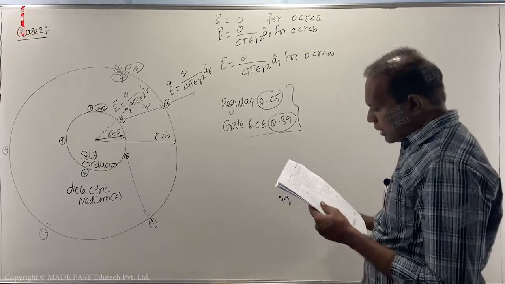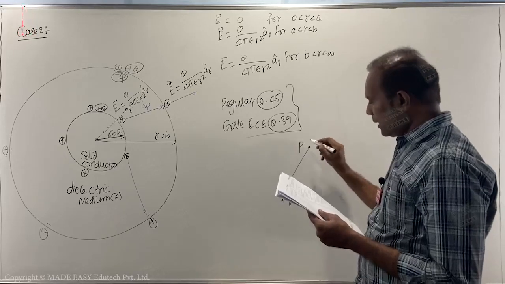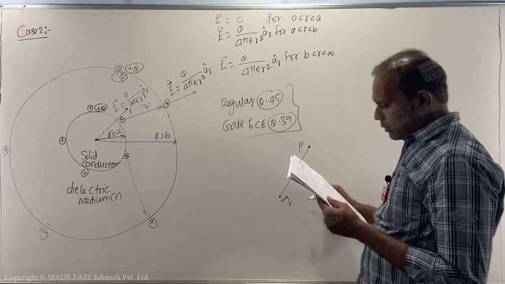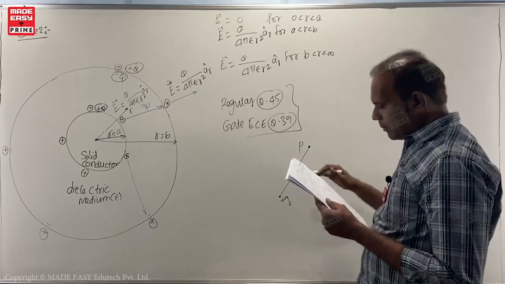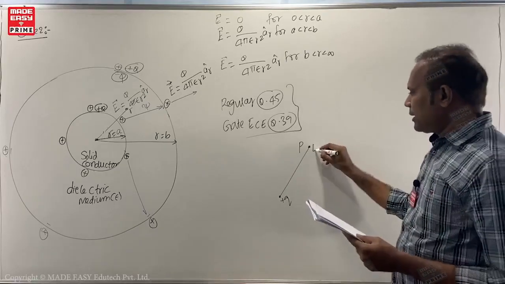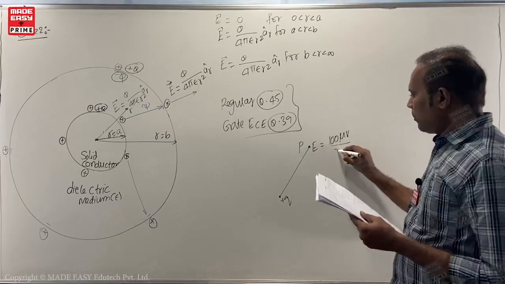Then the electric field at point P, distant point meaning at some distance, is equal to 100 microvolt per meter.